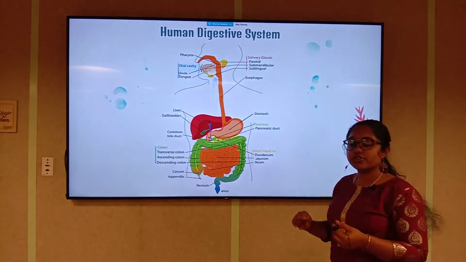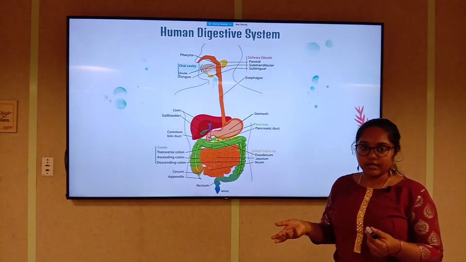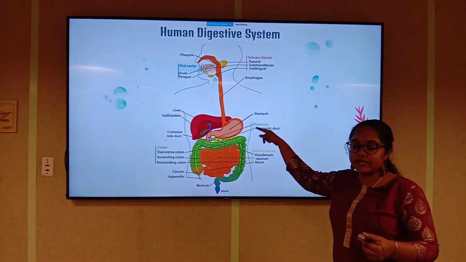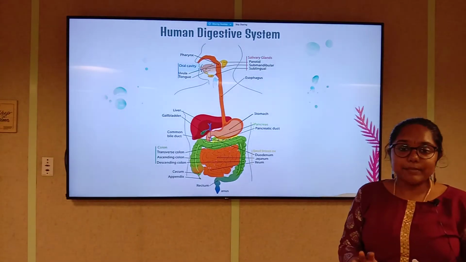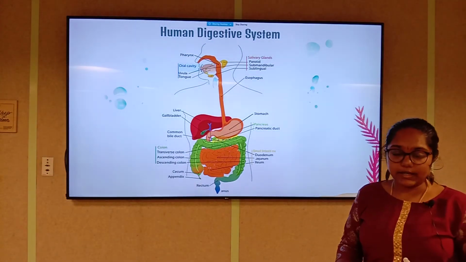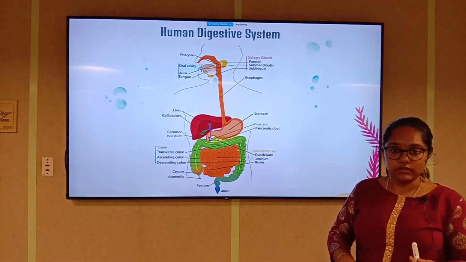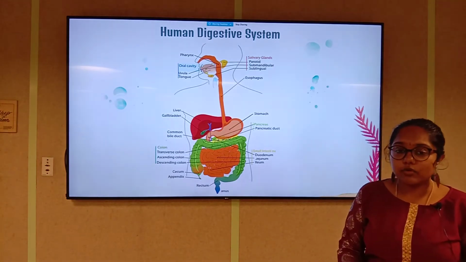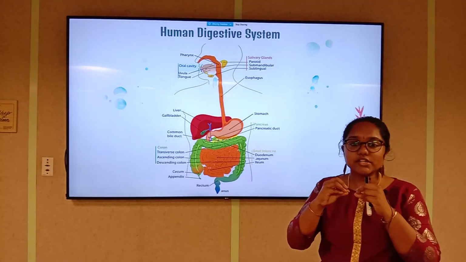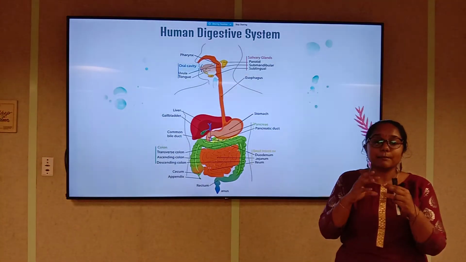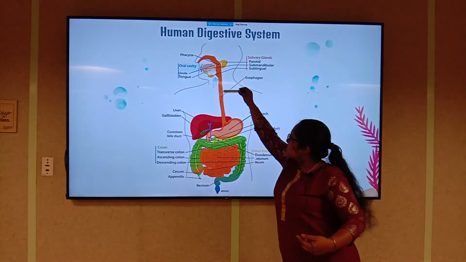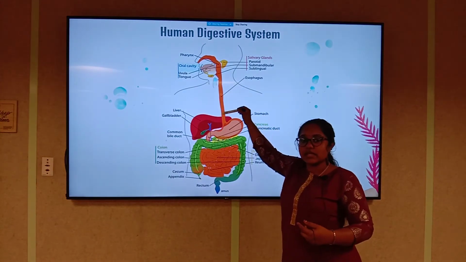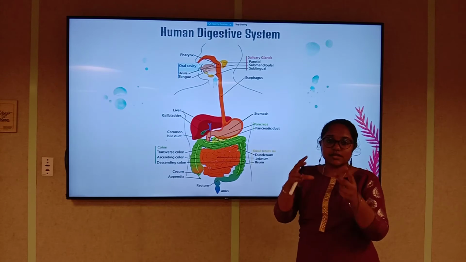Clear? How does it push? Through peristaltic movement. All the organs in the alimentary canal are performing peristaltic movement all the time to push down the food further. Now, what is peristaltic movement? It is the repeated contraction and relaxation of the muscles present in the alimentary canal. Now, the muscle inside this esophagus is capable of contraction and relaxation.